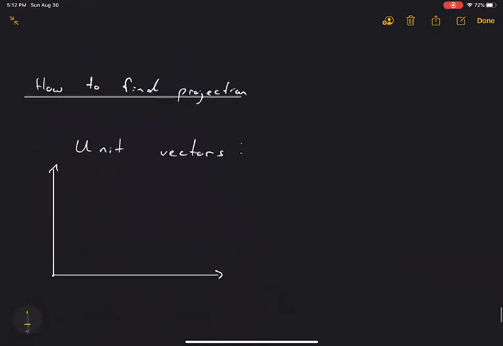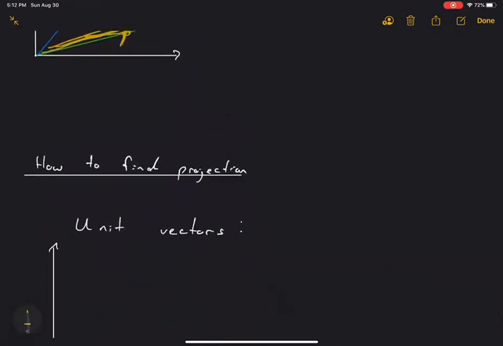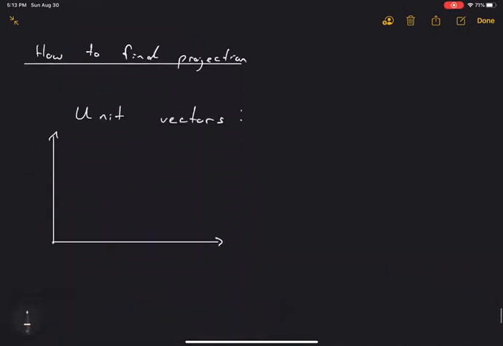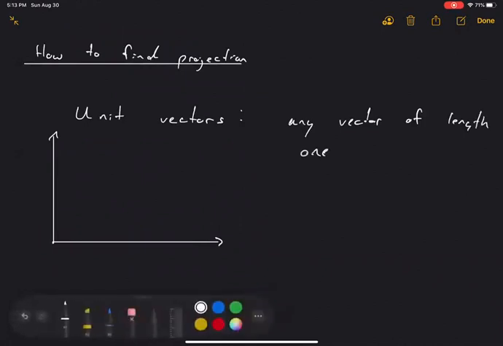This might be a good time to review unit vectors, which we touched on briefly in 10.2. Remember, a unit vector is any vector of length 1. So let's say I have a vector, and it doesn't matter what direction it's pointing.